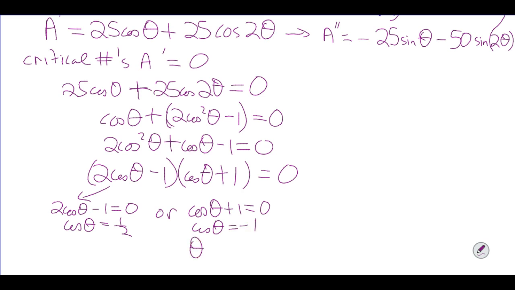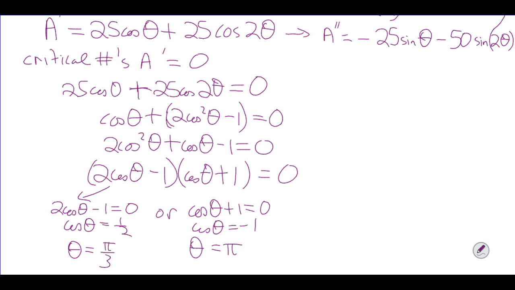Okay, so cos theta being negative 1 happens at pi, so theta equals pi. And cos theta is 1/2 happens between 0 and pi, so it's just going to be in quadrant 1, pi over 3. Yeah, pi over 3.